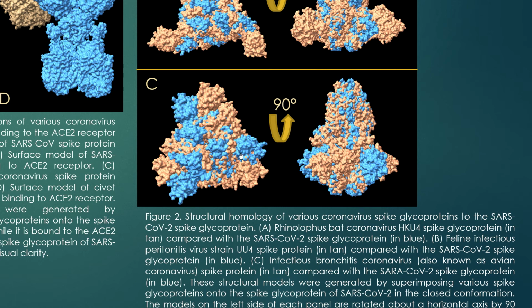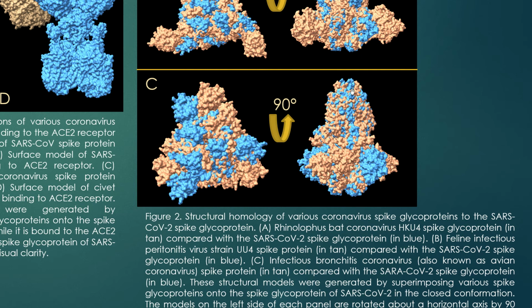So right here, right in the middle, is probably where most of the overlap happens between the two spike proteins, the area of most similarity. And what that does to the model is it shifts these corners a little bit, so it's a little strange.